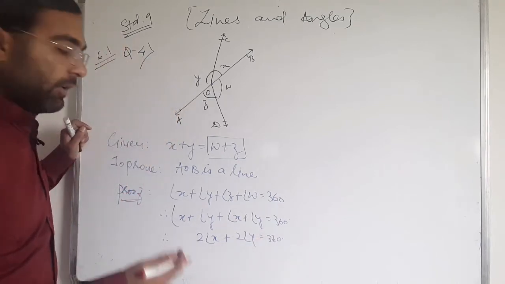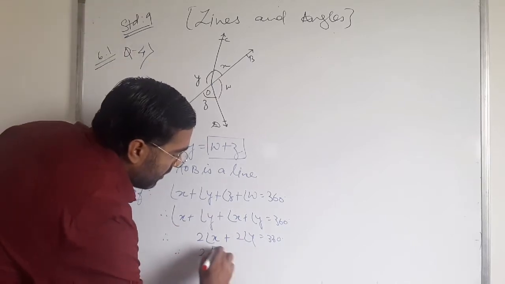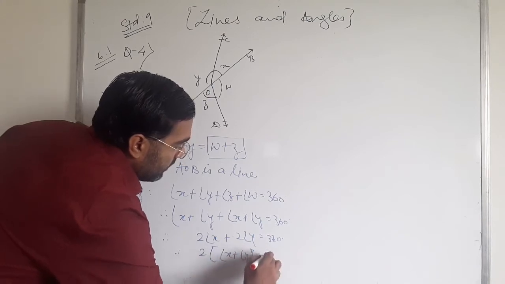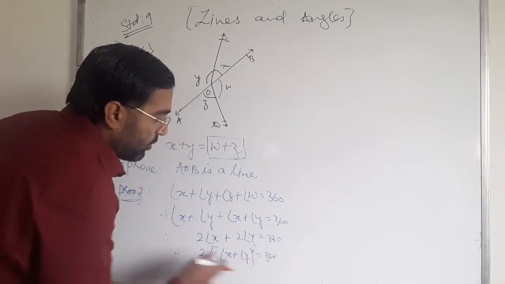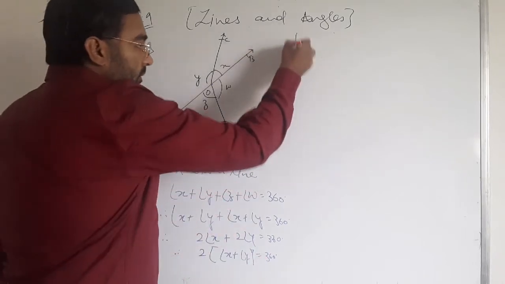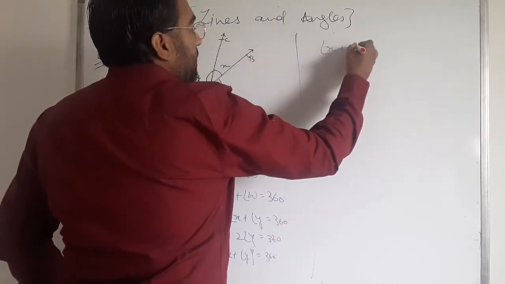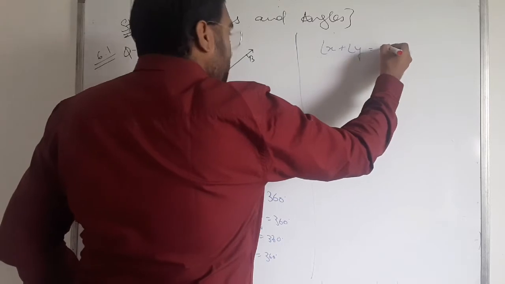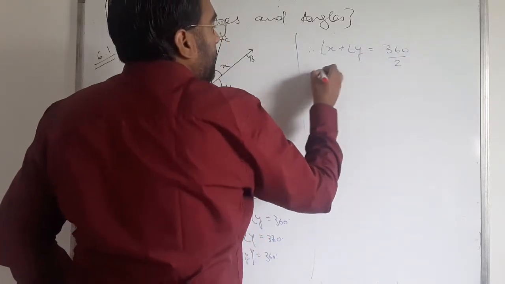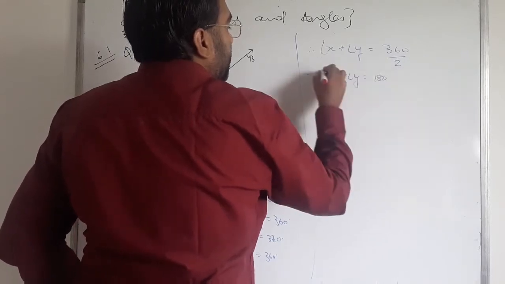Clear? Now we take 2 common from x and y: 2 times angle x plus angle y is equal to 360 degrees. Now 2 shifts to the other side to divide 360 degrees. Therefore angle x plus angle y equals 360 by 2, that is, 180 degrees.